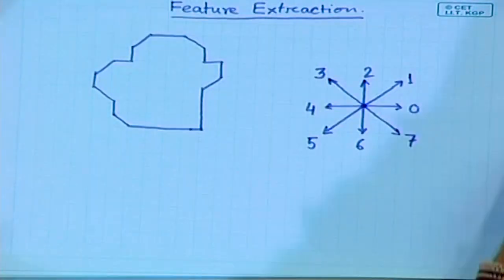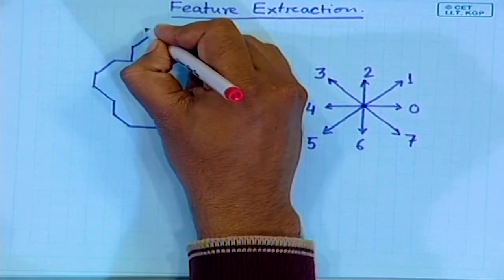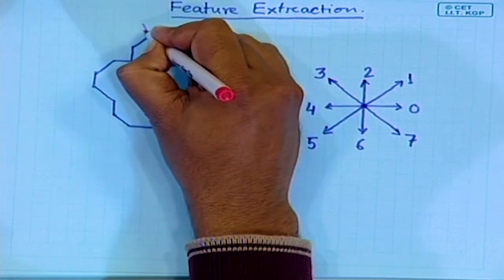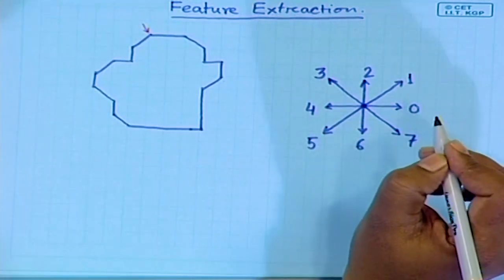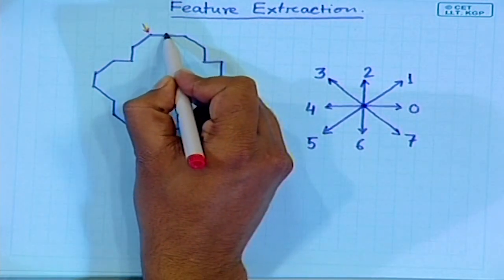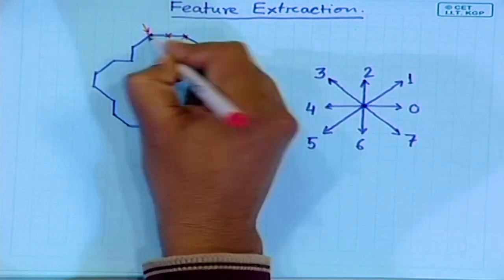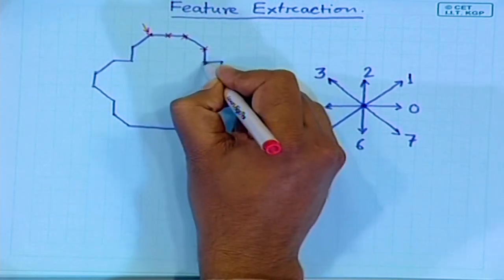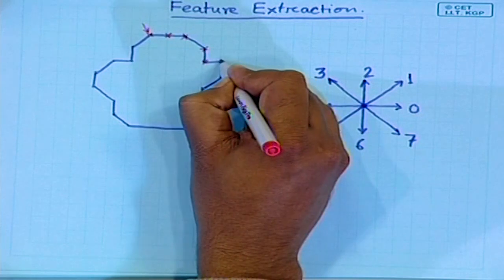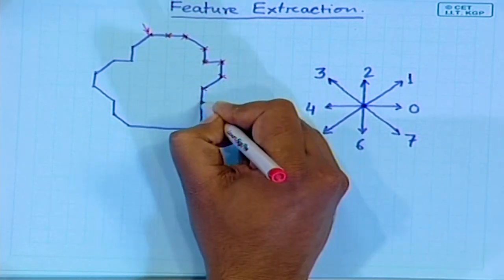So, in this figure, if I assume that I start the chain code operation from this point, so this is the starting point. These are the points on my boundary actually, these are the boundary points. Wherever I put a cross, this becomes the set of boundary points.